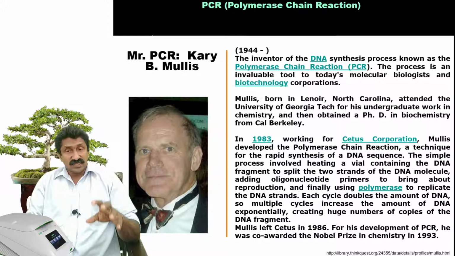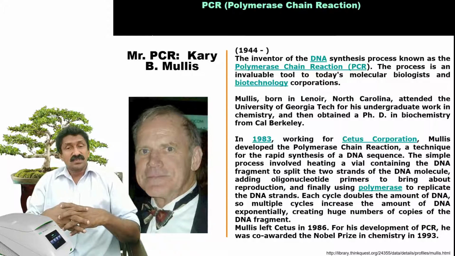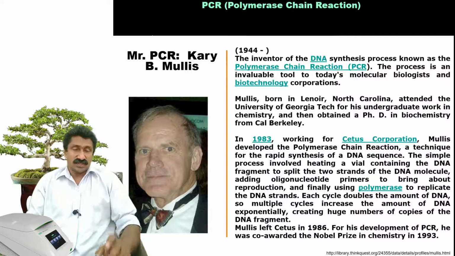Mullis left Cetus Corporation in 1986, and for his development of PCR, he was co-awarded the Nobel Prize in Chemistry in 1993. So this is about the history of the invention of PCR and some basics about the inventor, Kary Mullis.